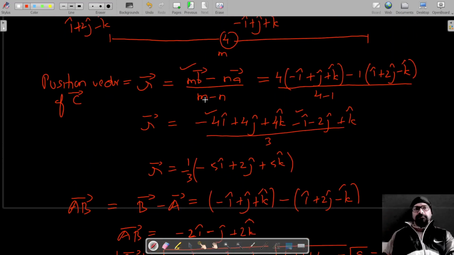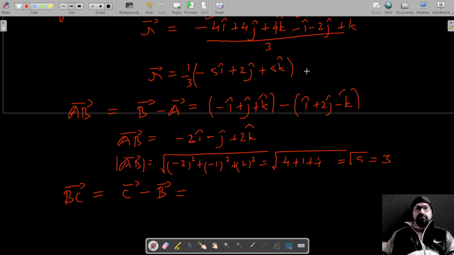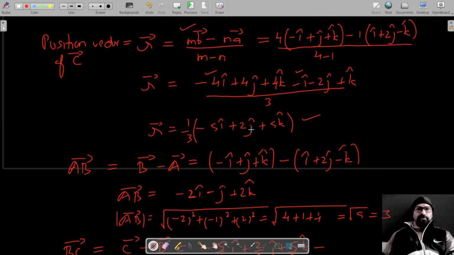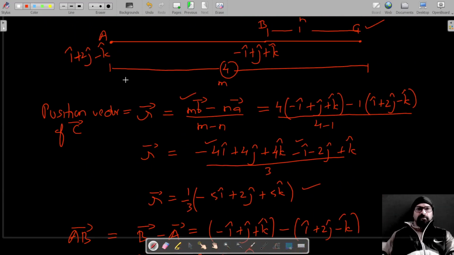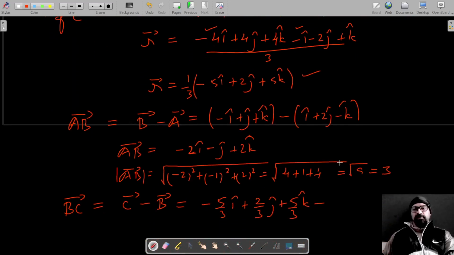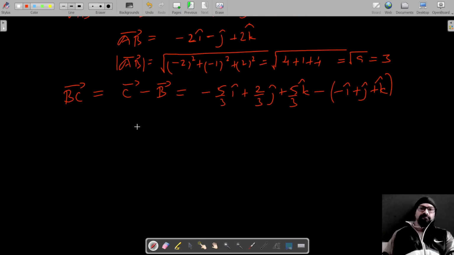Now the position vector of C is this. So let me write it as minus 5 by 3 i cap plus 2 by 3 j cap plus 5 by 3 k cap, minus position vector of B, which is minus i cap plus j cap plus k cap.